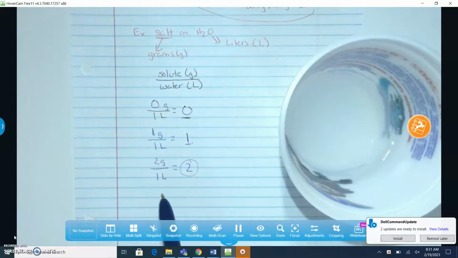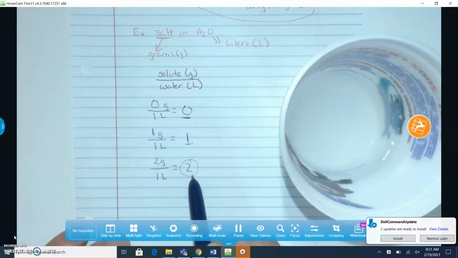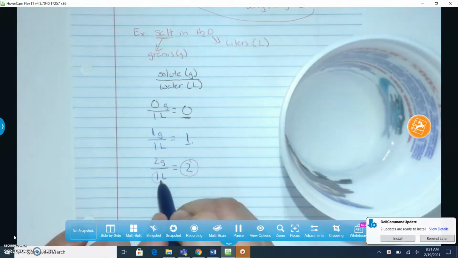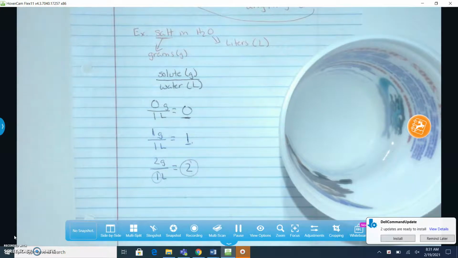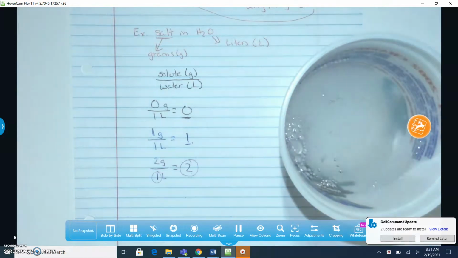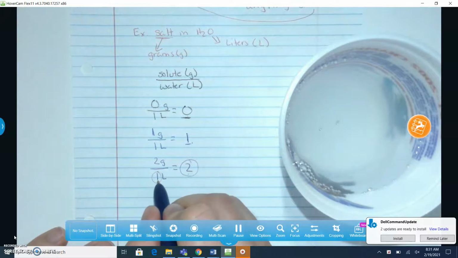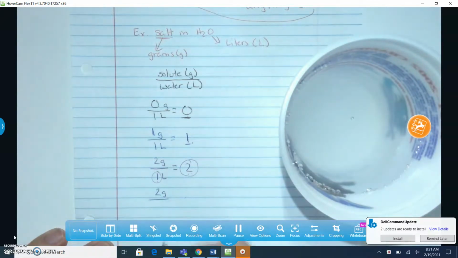How can I make this number change again? Well, we've been looking at adding solutes, but we can also make this number go down. To do that, we have to change this number down here. So if I add in another liter of water, now my concentration is no longer 2 because there's no longer 1 liter of water. There's still 2 grams of salt, but now there's 2 liters of water.